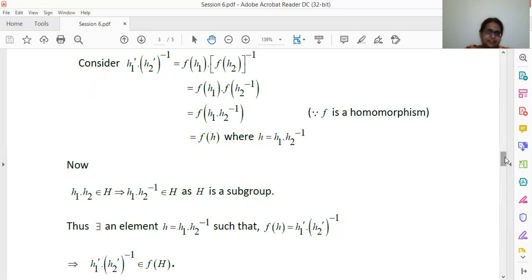Alternately, when we say a b inverse belongs to H, it means that for element b, its inverse should exist, that is, b inverse should exist. For the inverse element to exist, identity should exist. Then only can we say that a inverse is the inverse of a, provided a inverse star a is equal to e.